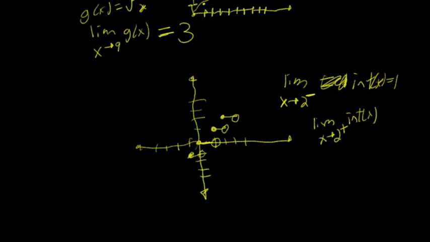It doesn't have anything to do with negative values, and the plus here means you're approaching from the right. It doesn't have to do with positive values. So the limit as x tends to 2 from the right of int of x is 2. And because these two limits are different, we can say that the limit as x tends to 2 of int of x does not exist, and you'll often see people abbreviate that as DNE, because mathematicians do love shorthand.